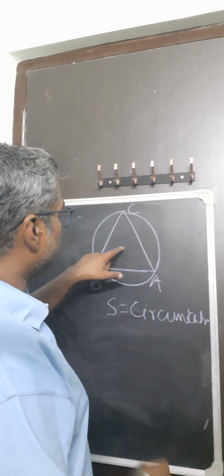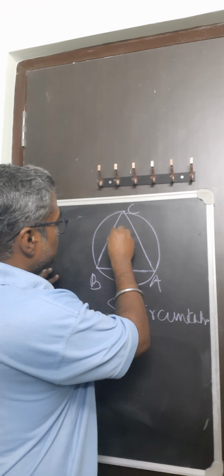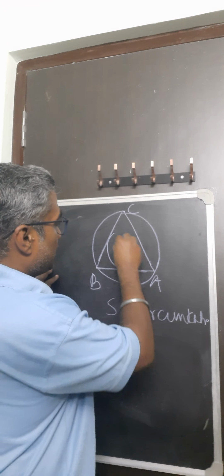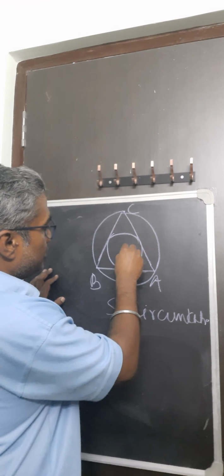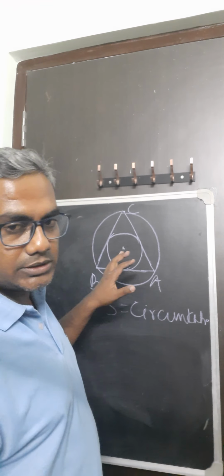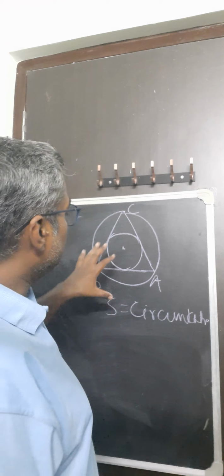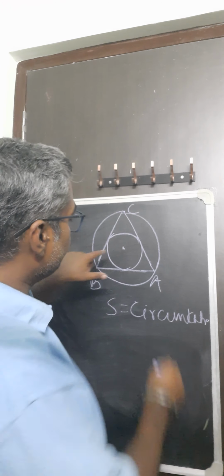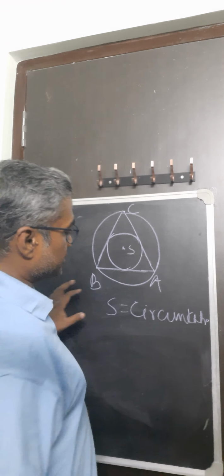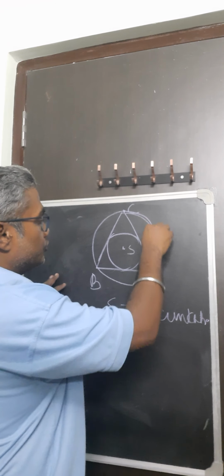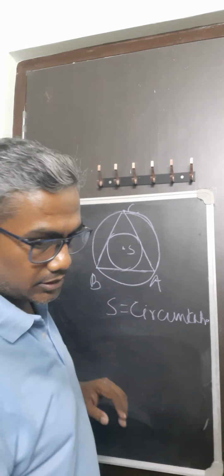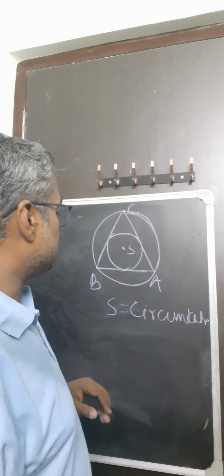And if I draw a circle which touches the arms of the same triangle, S again is the center of the inner circle. So for both cases, S acts as the center of both circles, outer circle and inner circle. So this is the meaning of circumcircle.